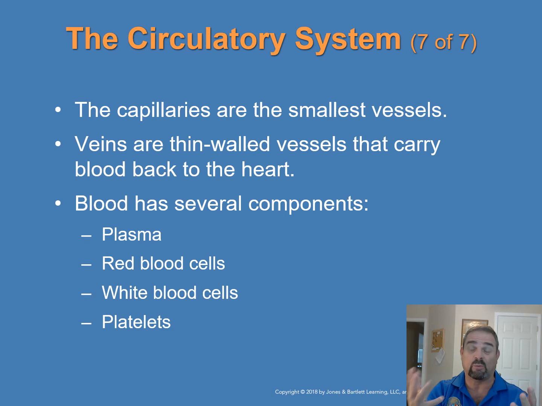Plasma, which is the water part of blood, is the highest concentration of components of blood. Then you have red blood cells that carry the oxygen, white blood cells that generally are for fighting infections, and then platelets, which are generally used to form clots, along with other proteins that will form a clot and help stop you from bleeding.